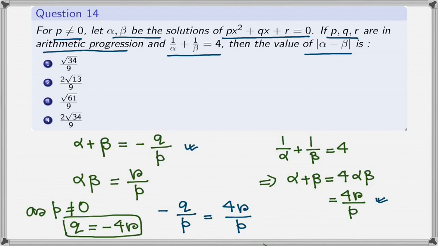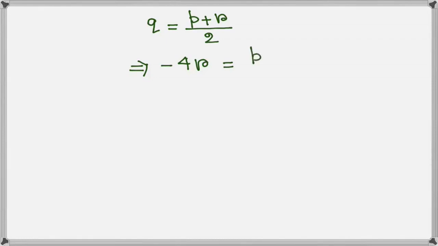So we have got a relation in q and r. Also in the question we are told that p, q and r are in an arithmetic progression. Therefore we can write q is equal to p plus r divided by 2. That means minus 4 into r is equal to p plus r divided by 2, as we have got already that q is equal to minus 4r.